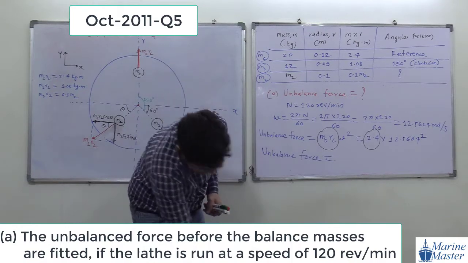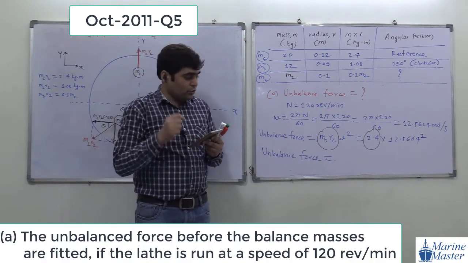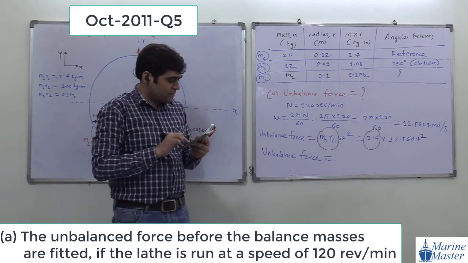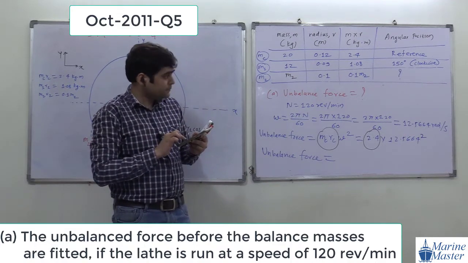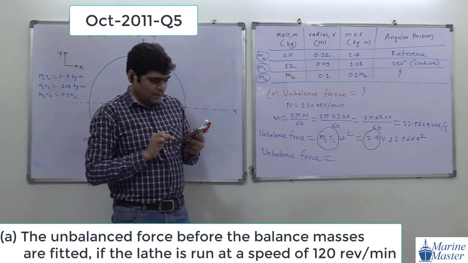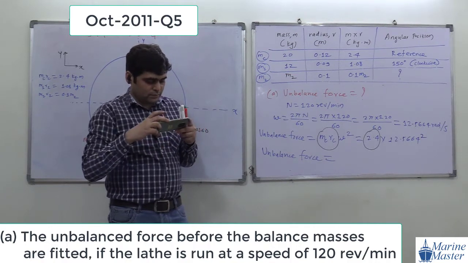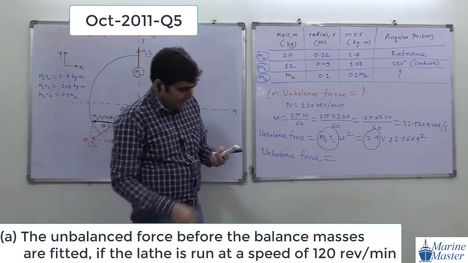So please be attentive. A lot of times I may make mistakes, so you have to identify my mistakes. How much will be the value? Okay, we can take it as 379.